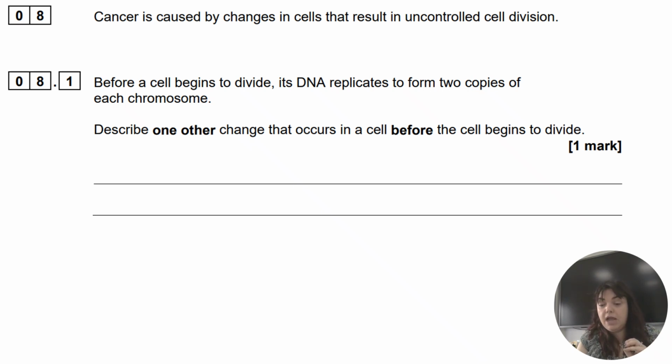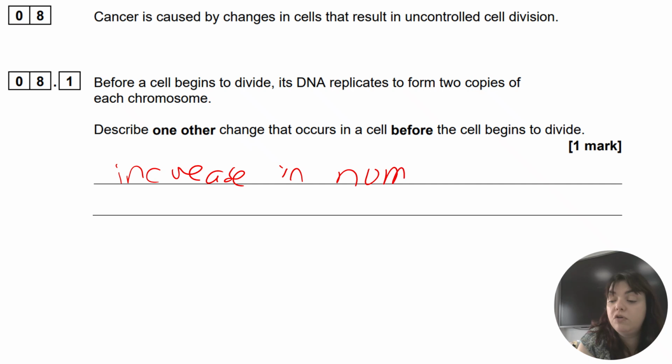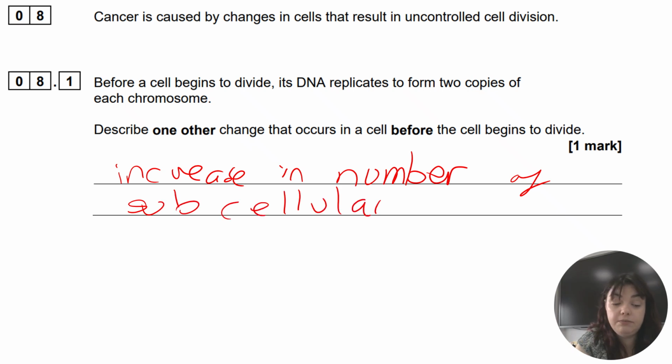That's it. Okay, so we're looking at increase in the number of subcellular structures. That's kind of like a catch-all. Or you could specifically say increase in number of mitochondria or increase in number of ribosomes. Or increasing amount of respiration. Or increase in respiration rate. Okay, so those are your options there.